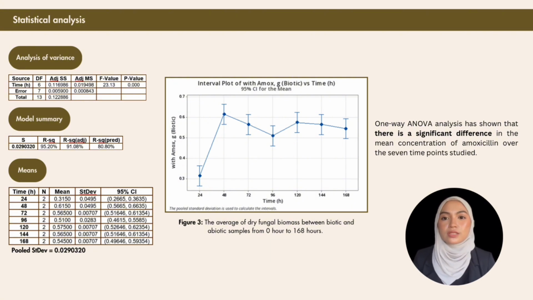This graph shows the average of dry fungal biomass between biotic and abiotic samples from 24 hours to 168 hours. This shows that there is a significant difference in the mean concentration of amoxicillin over the 7 time points studied. The p-value is 0.000, which is less than the significance level set at 0.05.